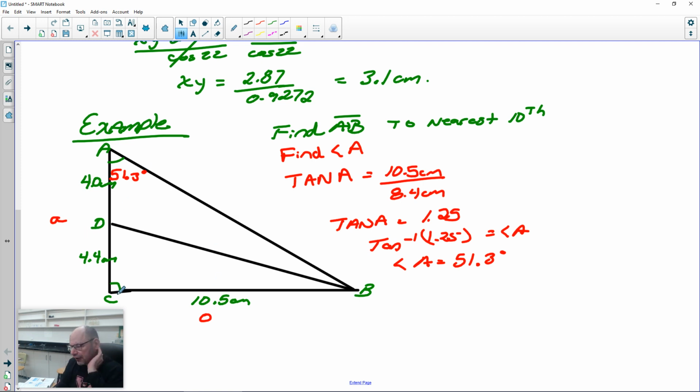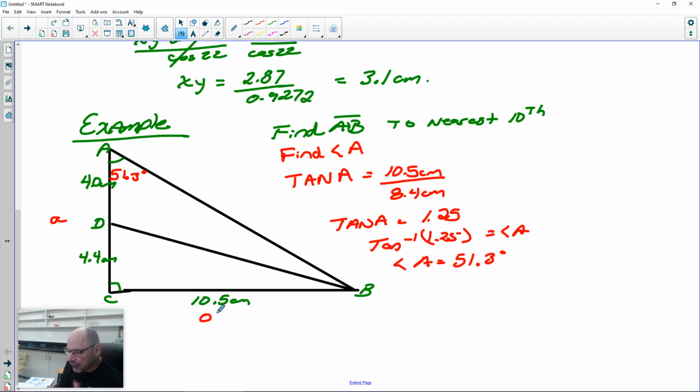And now that I want to find AB, now that I've got an angle, I can find the hypotenuse. I guess we could just use Pythagorean theorem there too, so that would have worked too. So now I can find this side here by using that angle again.